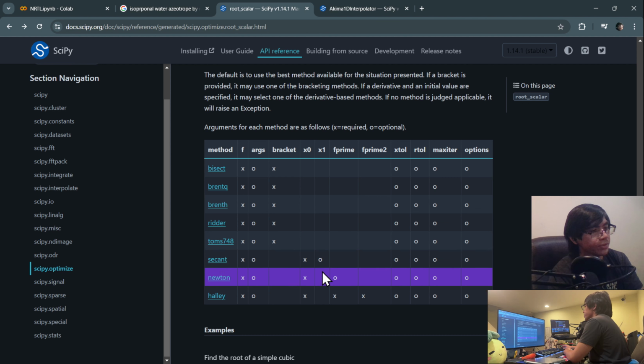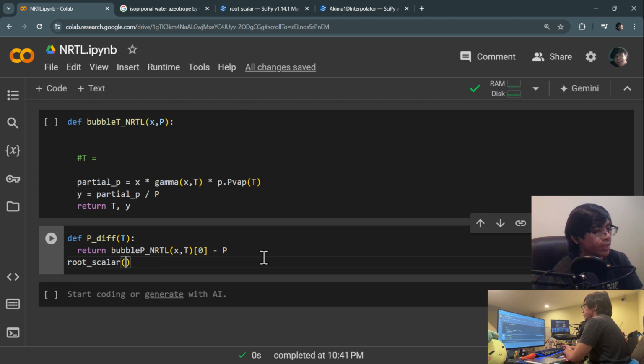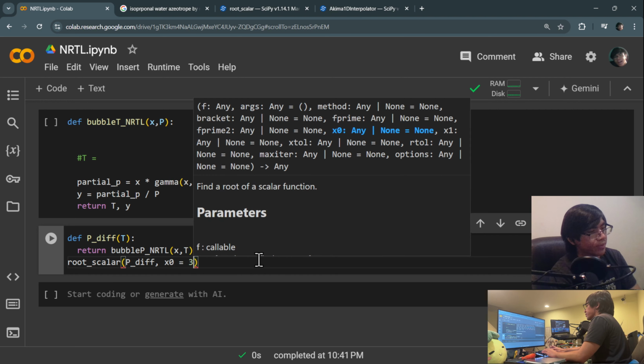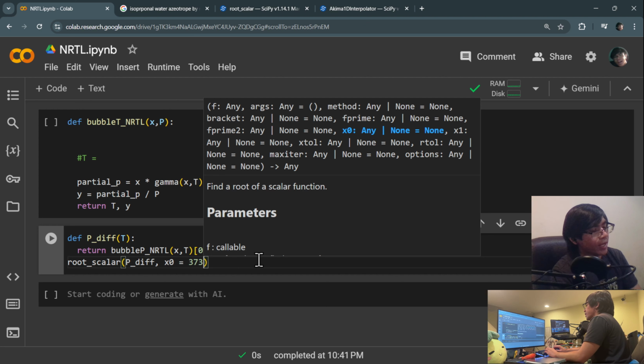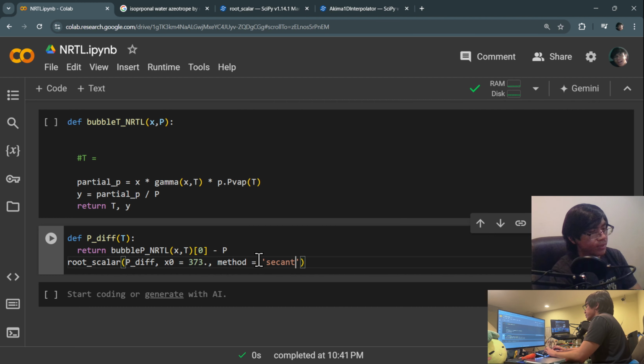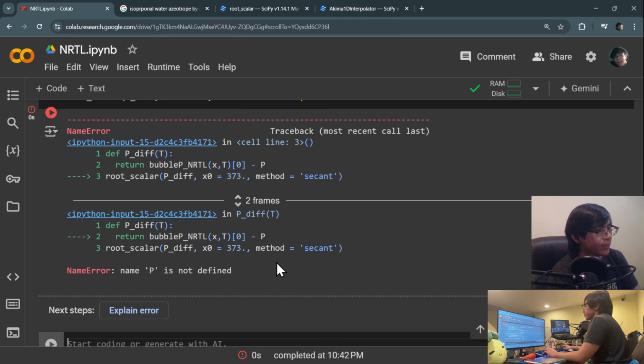And then an optional second guess there. So we'll do method is equal to secant. So we supply our function first, so that's our pdiff. Then we supply our initial guess of something maybe like 373. And then we do method is equal to secant. Let's see if that works.